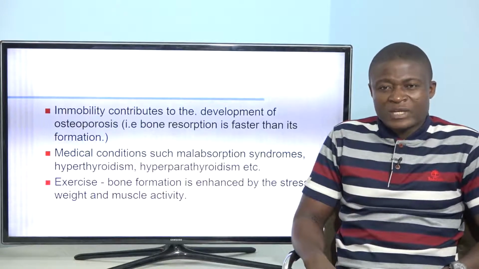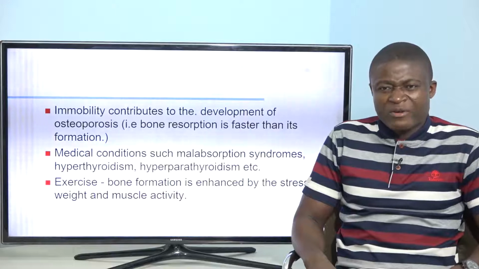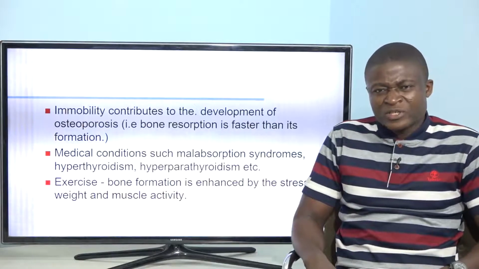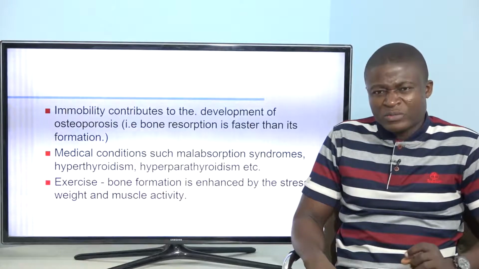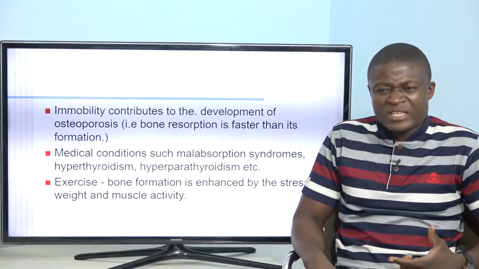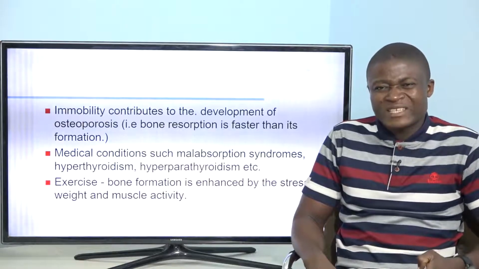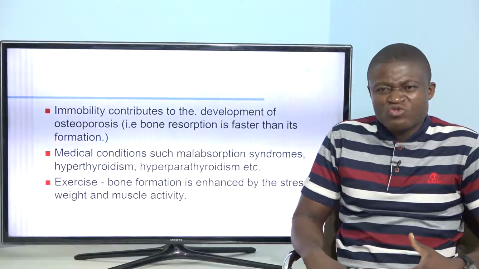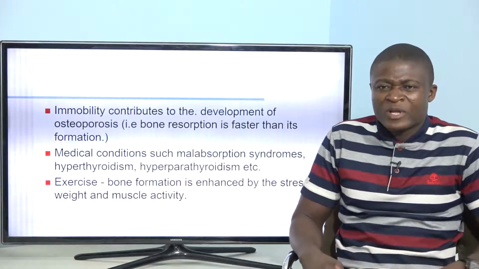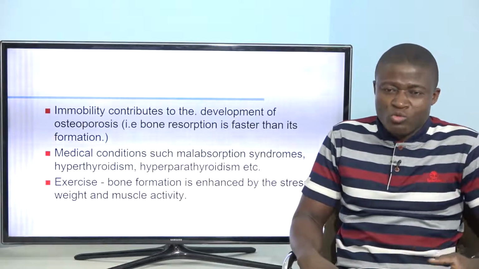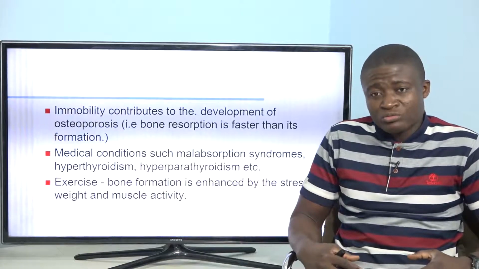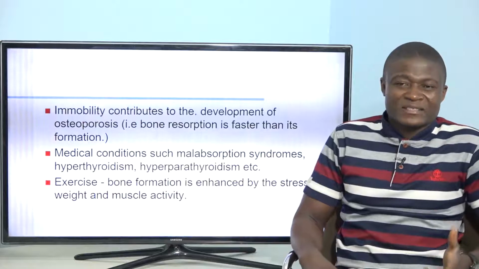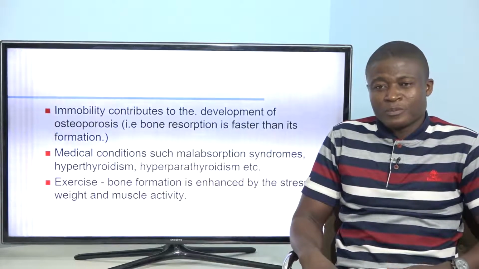Hyperthyroidism. In hyperthyroidism and hyperparathyroidism too, there are factors. I'm talking about hyperparathyroidism, the productivity of your parathyroid hormones increasing. When you have too much parathyroid hormone, we said parathyroid hormones are the ones that decrease bone formation, as against calcitonin and estrogen.